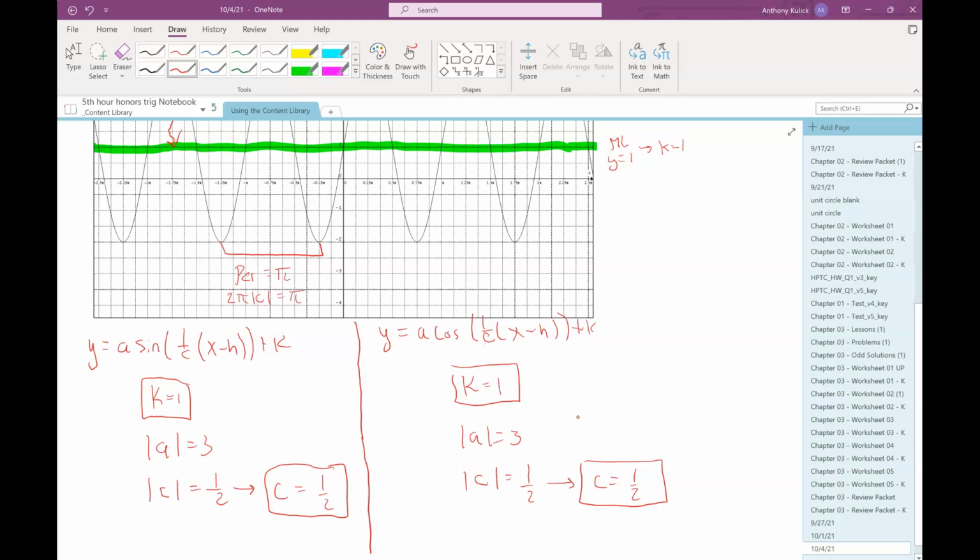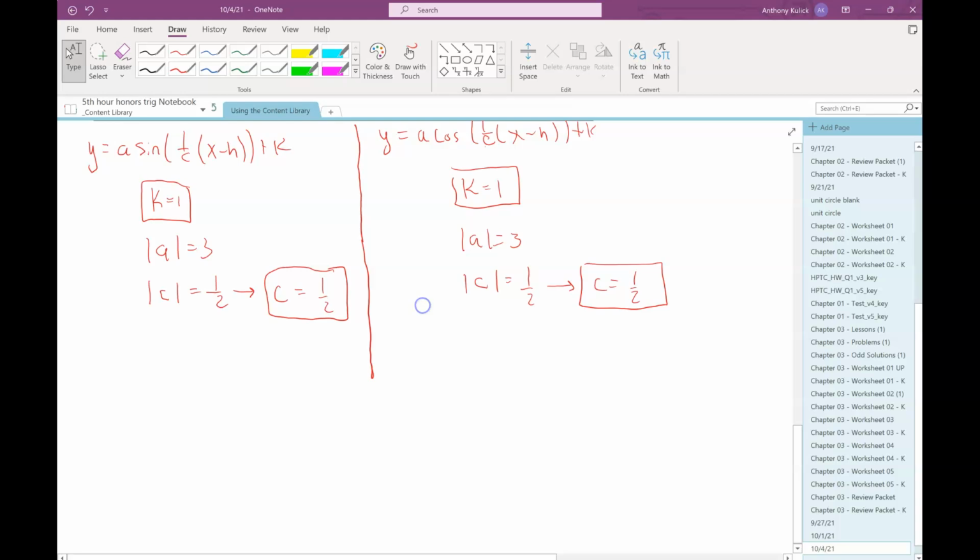Alrighty then. The last thing we need to do is to find a value for h and to decide whether this a needs to be positive or negative. This tends to be the trickiest part. So what I'm going to do is pick a point from the parent function, and compare that point with a similar point from the transformed function.